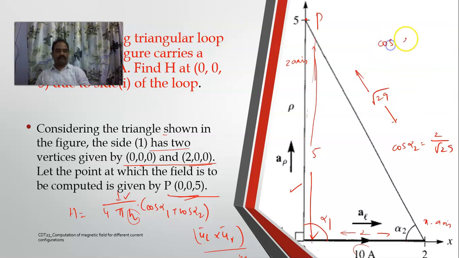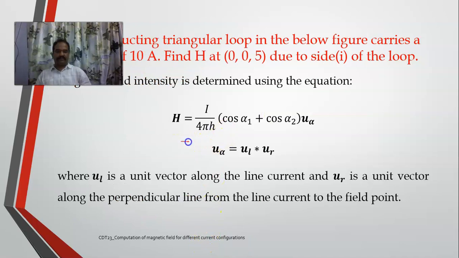Whereas cos alpha 1 will be 0, because alpha 1 is 90 degrees. So cos alpha 1 is equal to 0. Now I'll substitute each and everything. This is my expression.